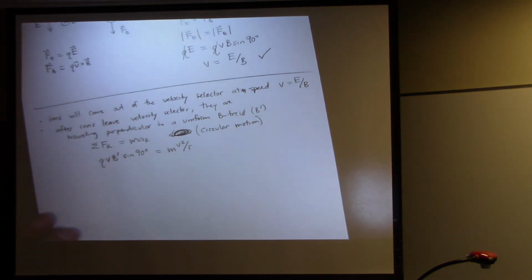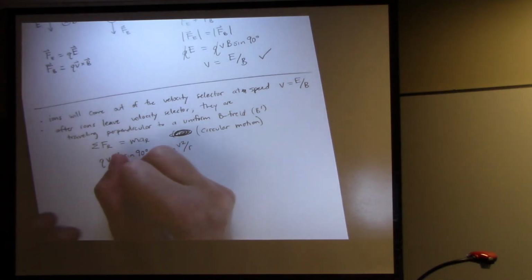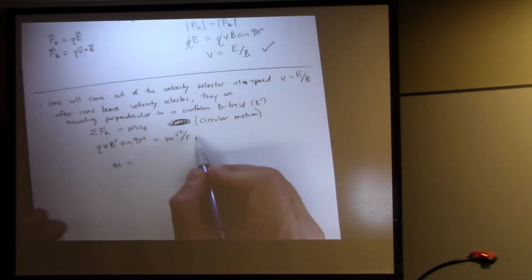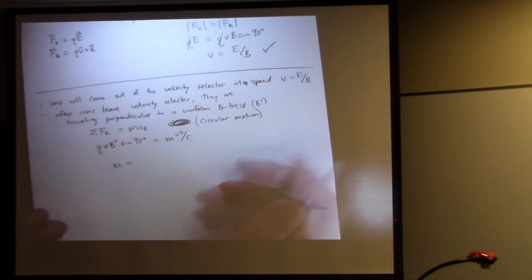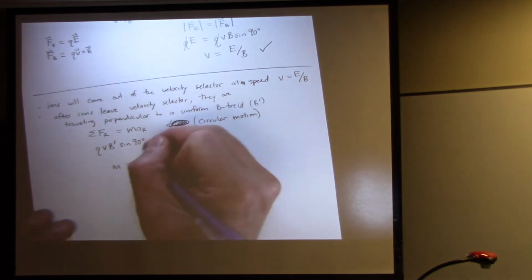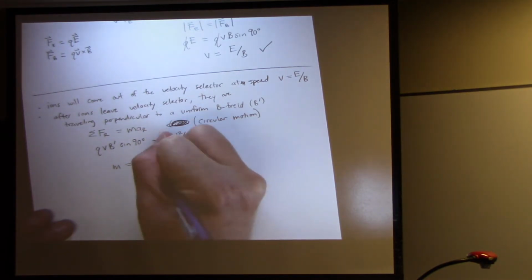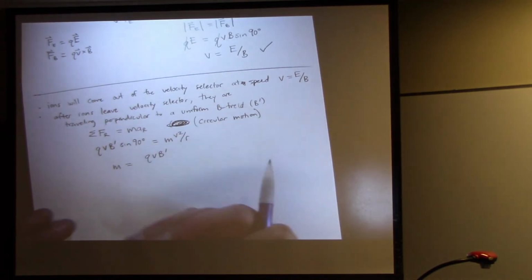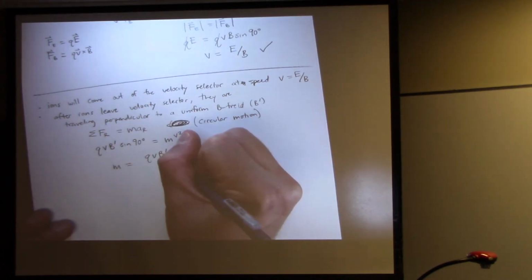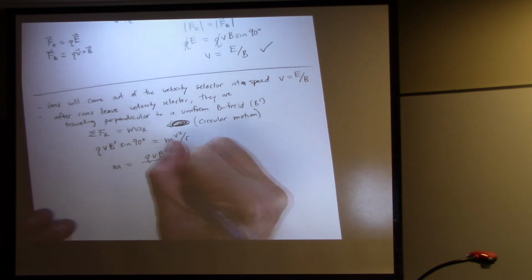Okay. Now in this case, I want to solve for M. I want to solve for the mass of these particles, because I know everything else. Solving for M by multiplying through on both sides by R and dividing on both sides by V squared, it's going to give me this. I have Q V B prime. Sine of 90 goes to 1, so let's just do that. I'm going to have R here, and then a V squared on the bottom.